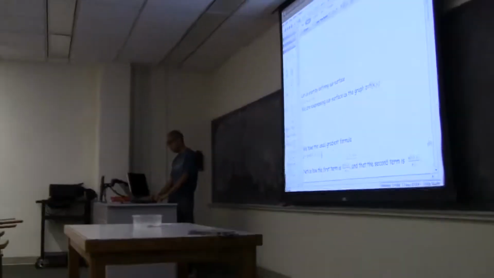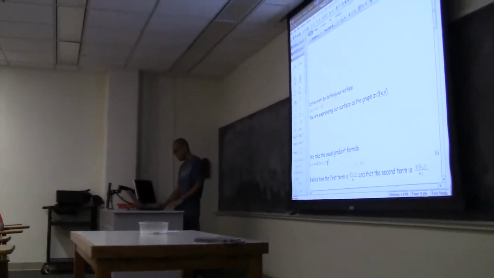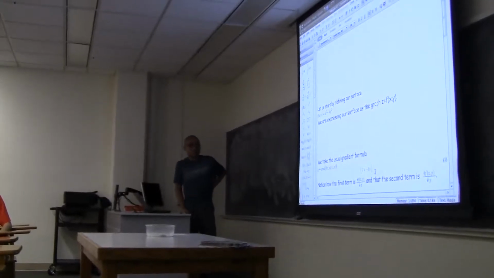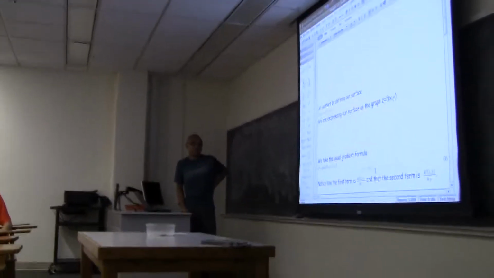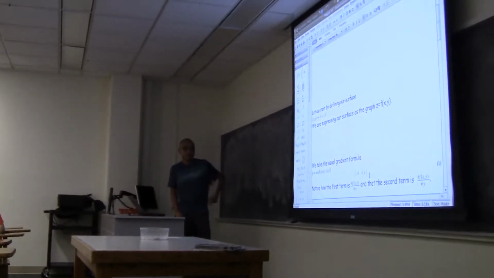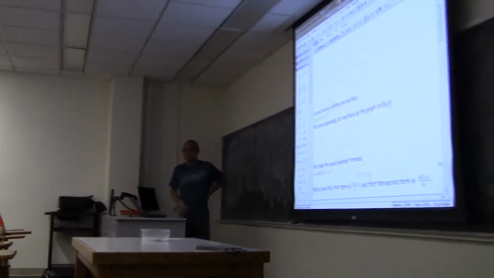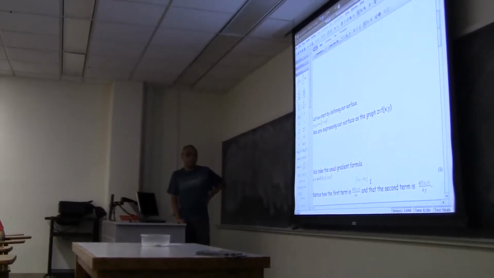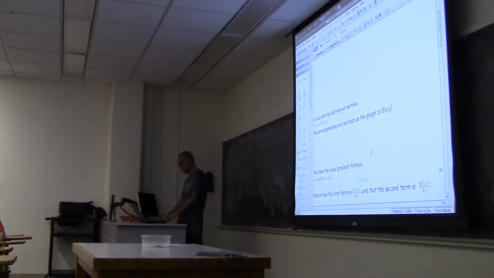So we take the usual gradient formula. You remember what the gradient is, right? The first variable is the derivative in terms of x, and the second variable is the derivative in terms of y. Do all of you see that? Awesome, great, so we're on the same page.